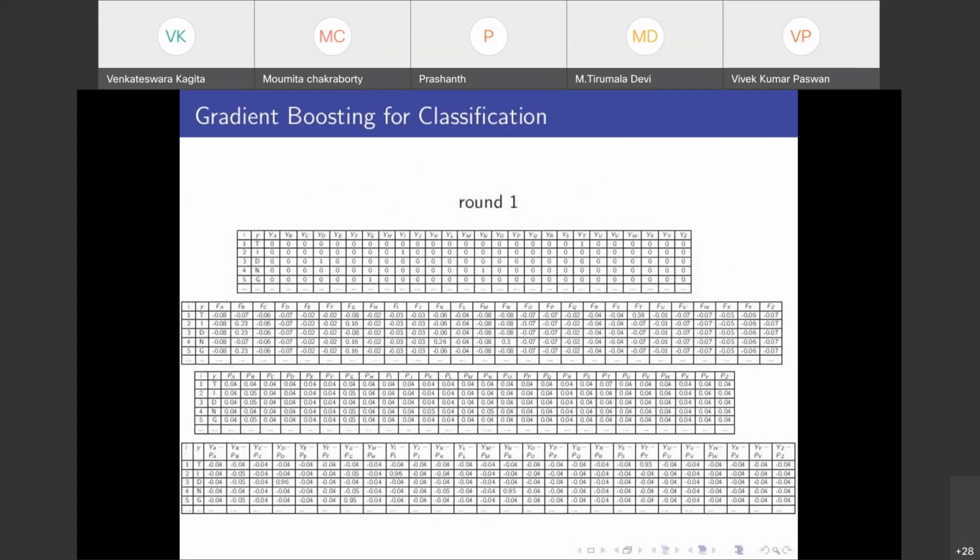Now update the scores according to this new model. These are the individual scores at the individual entries, and according to the scores, we compute the corresponding probabilities PA, PB, PC, and so on, PZ for all the instances. Again compute YA minus PA and again fit the model.